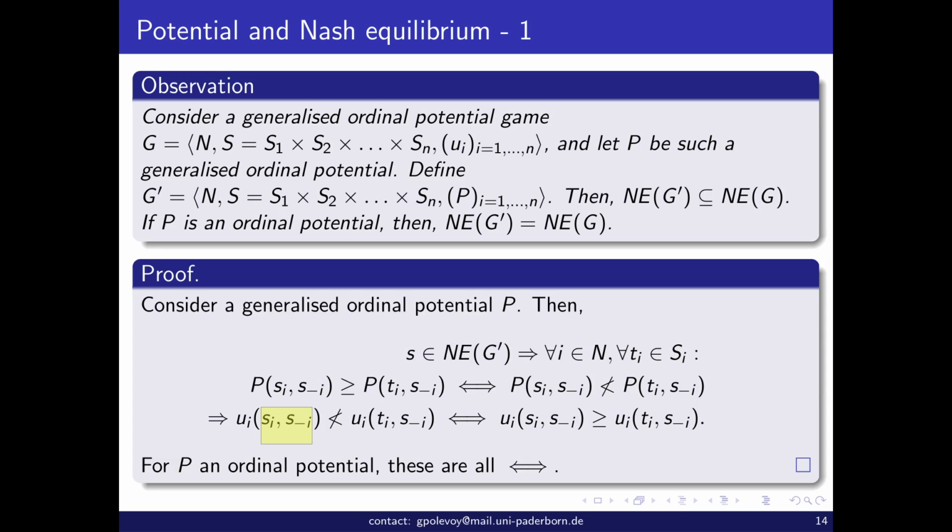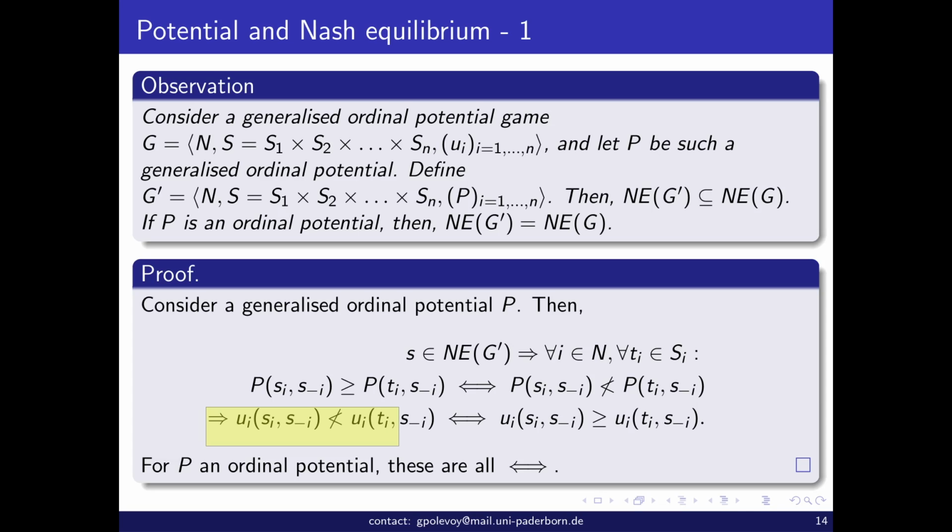Because I remind you that the definition says that if the utilities are larger, then the potential function is also larger. If the utilities are smaller, the potential function is smaller, simply by changing the order. The contrapositive means that if the potential function is not smaller, then the utilities were not smaller. And so that is from here to here, that's the contrapositive.